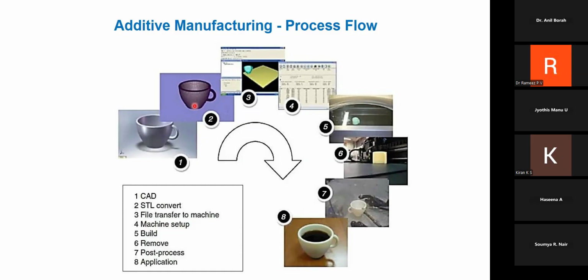The purpose of this pre-processing software is that once you feed the STL file, you have to feed the layer thickness. As I mentioned already, in additive manufacturing the product is made layer by layer. So you have to feed each layer thickness.